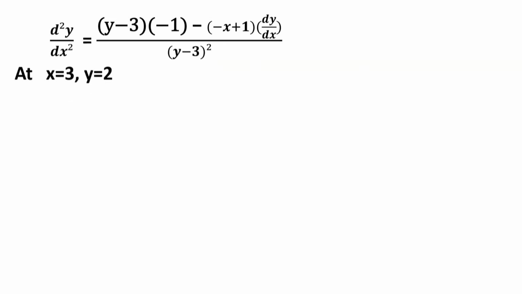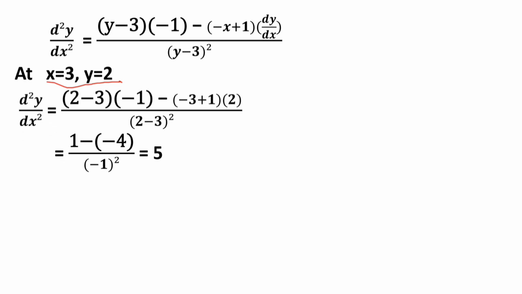So recall that the condition given before us is x equals 3, y equals what? 2. So if I substitute x equals 3 into this formula, so if I substitute x where there's x and y where there's y, what will I have? Then this dy/dx too, I need to replace it. When we solved the dy/dx earlier, the first one we solved, what was our answer for the dy/dx?